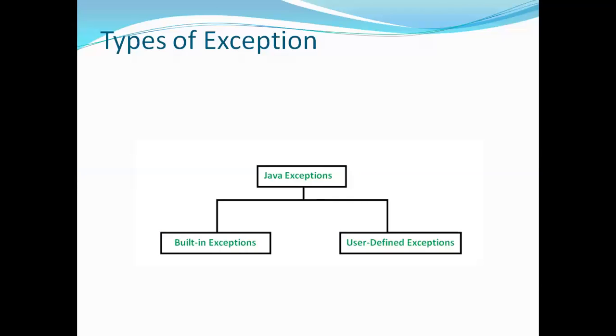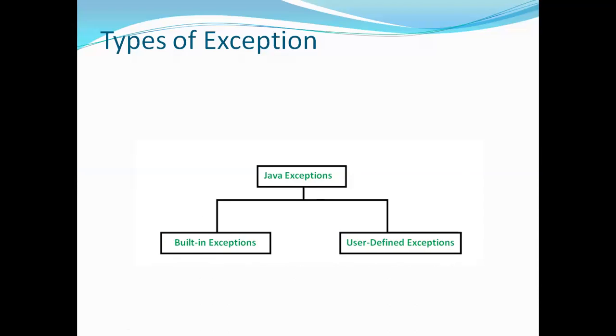So we have seen that exceptions are of two types. One is built-in exceptions, the other type is user-defined exceptions. Built-in exceptions are the type of exceptions which are available in the Java language by default.